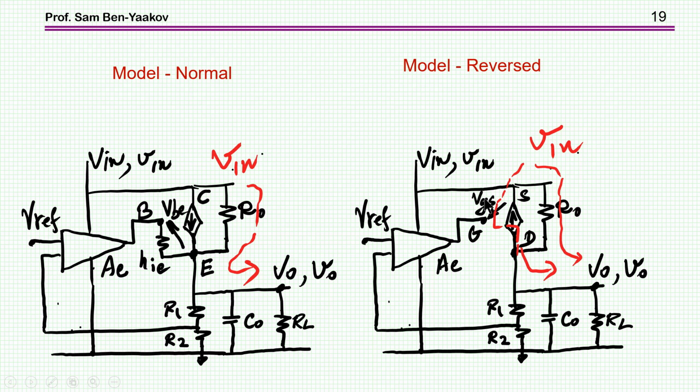On the other hand, if we are working with the reverse mode, so this is now a PMOS, the sensitive portion here, terminals are between gate and source, and as we can see here, both the output of the amplifier will affect this voltage and the input disturbance will affect this voltage.